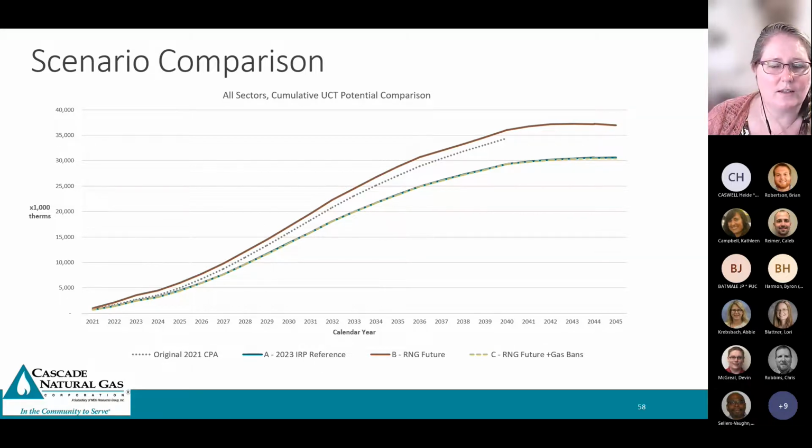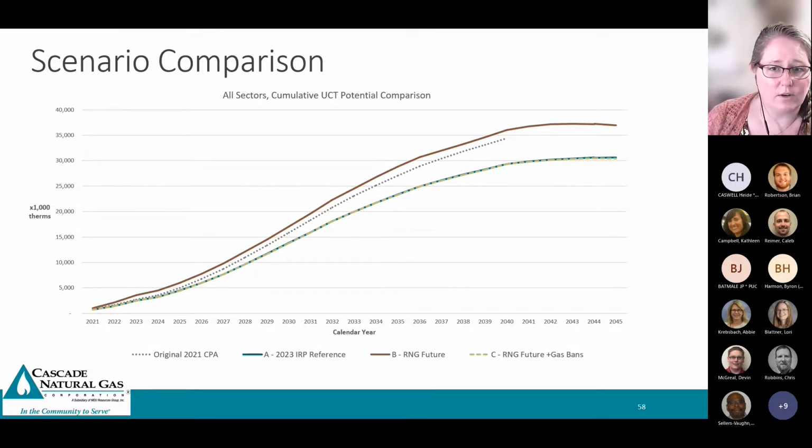Upcoming charts will focus on that scenario A, the IRP reference case, the updated inputs just for this IRP from that last conservation potential assessment. Savings numbers for scenario C, which is the RNG future and gas bans scenario, are very similar to scenario A, which is the 2023 IRP reference case.